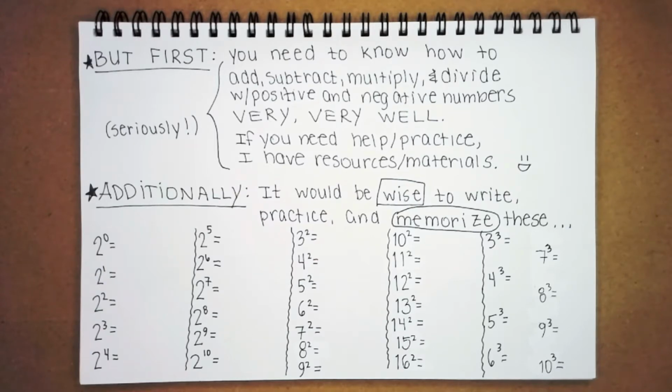Additionally, I believe it would be quite wise of you to not only write these down, but to practice and memorize all of these solutions. You really should be automatic in your response when somebody asks you, what is 2 to the 5th power? You shouldn't really need to stop and think. It should be as easy as when someone asks you, what's your name or what's your birthday?